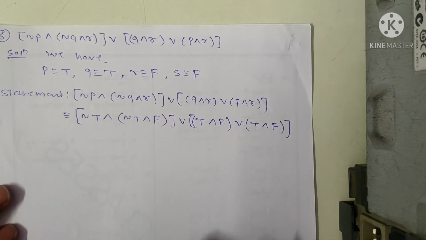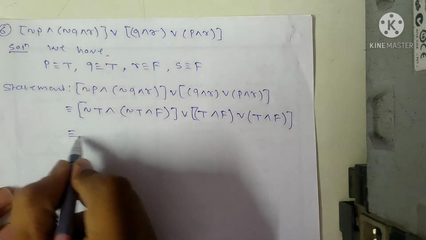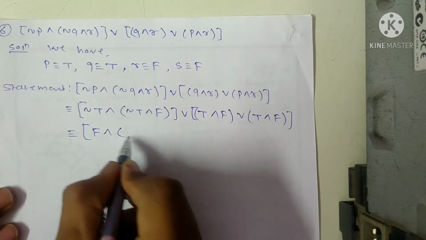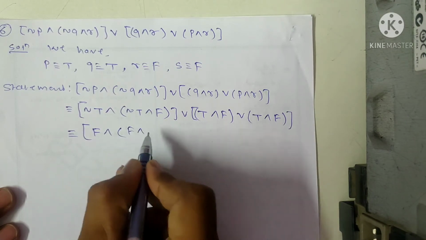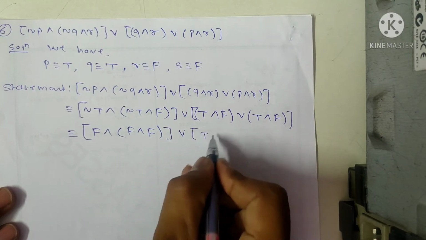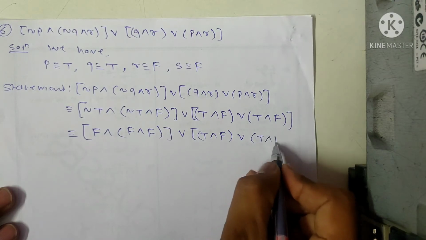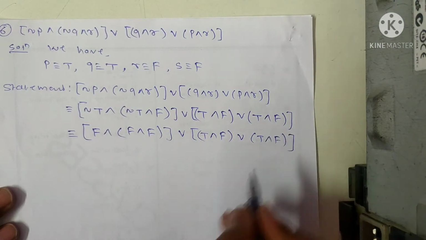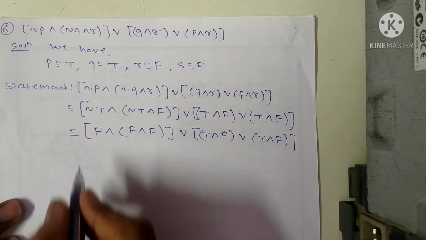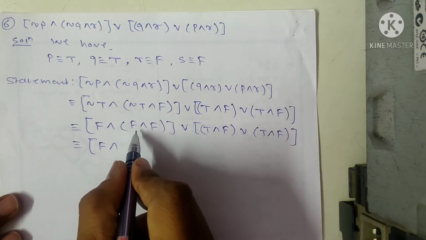Now we first use the logic of negation. Here negation T is F, and negation T is F again. Then T and F, or T and F, or T and F. Now we solve the brackets.